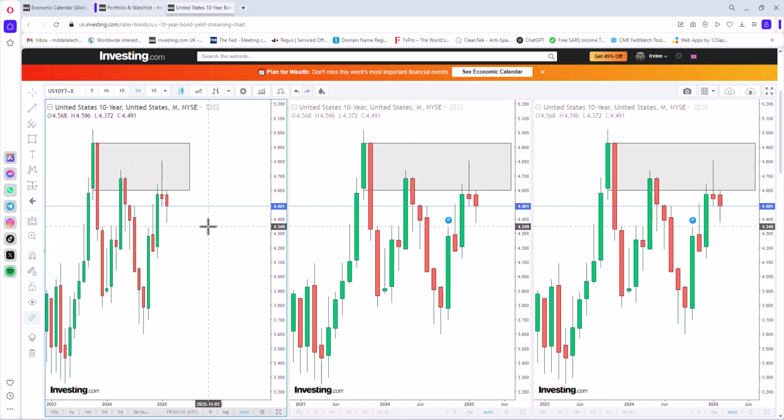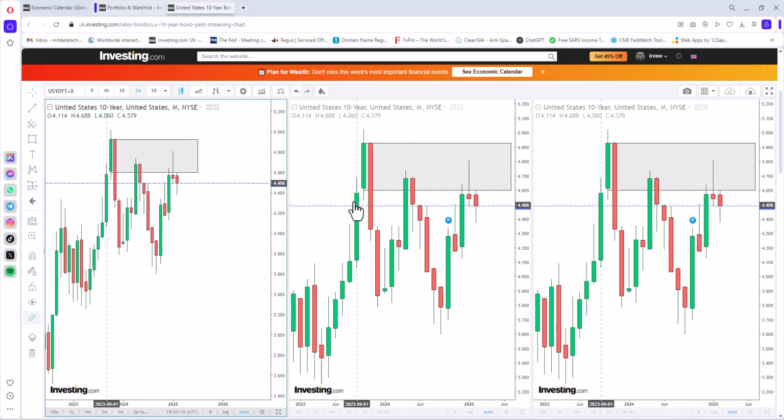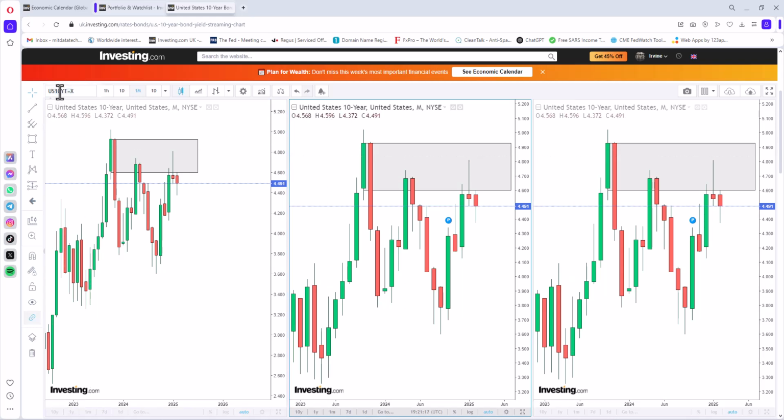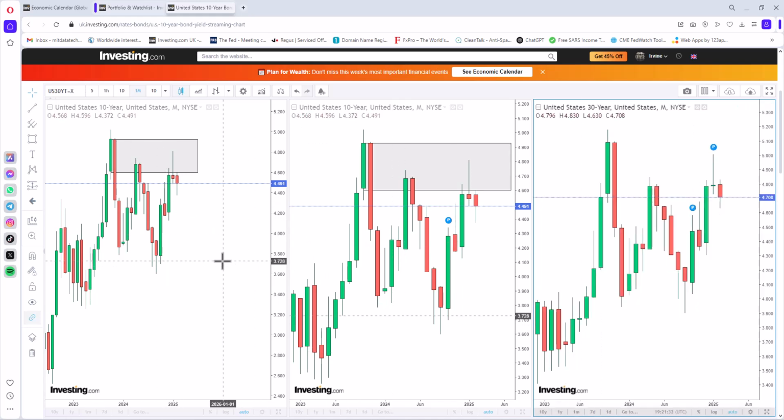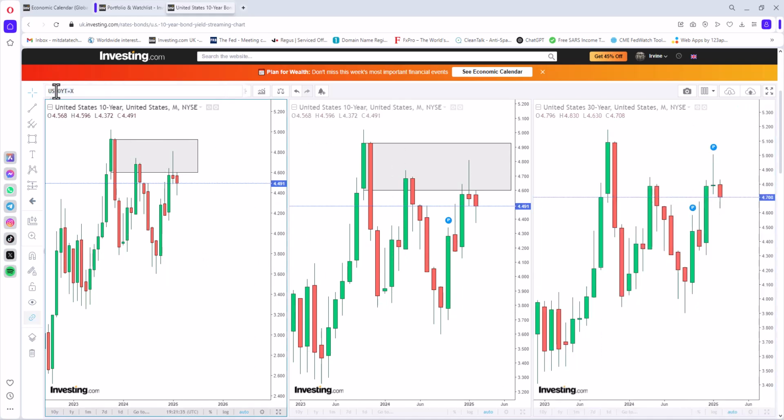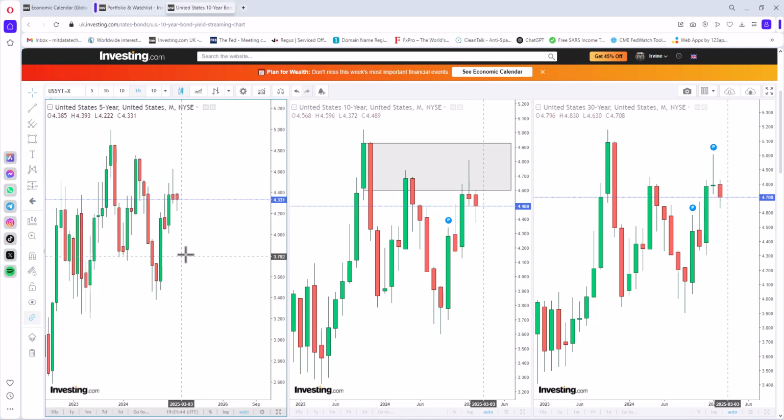So we've got the 10-year, the 10-year is going to be the one in the middle. On our extreme right, I'm going to put the 30-year, and the first one I'm going to put the 5-year treasury. There we go.